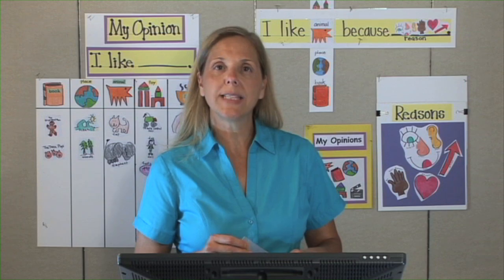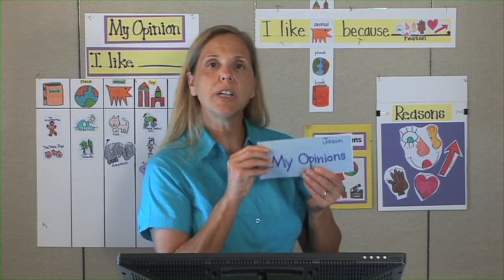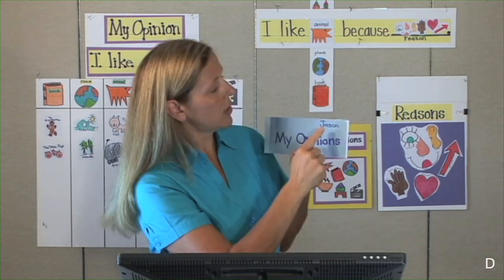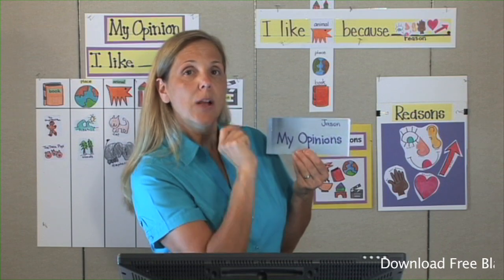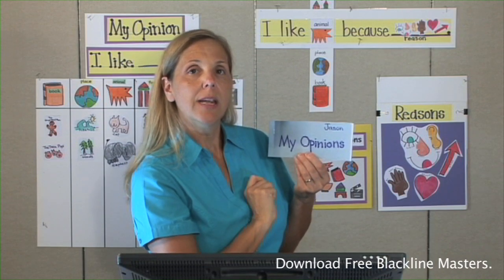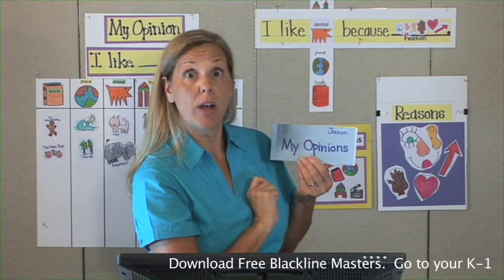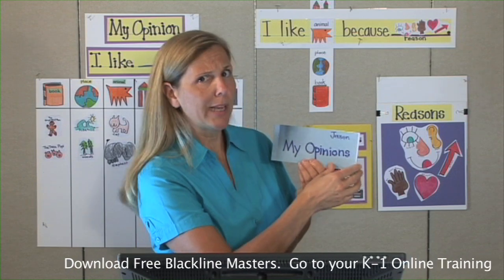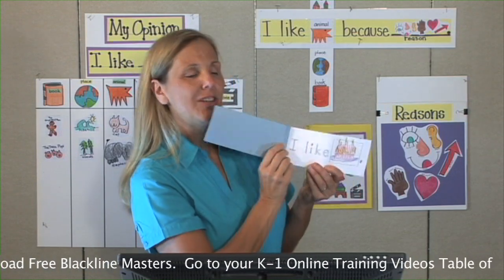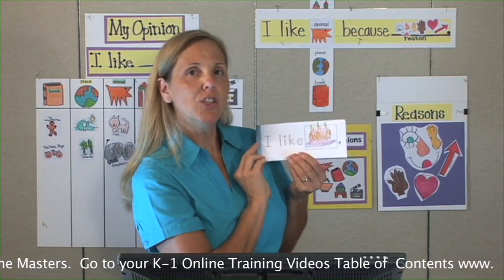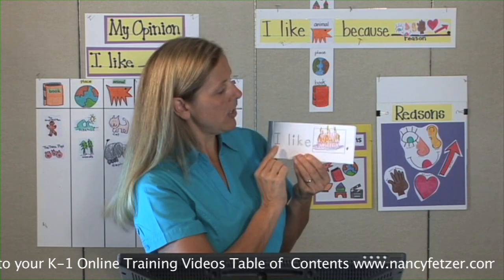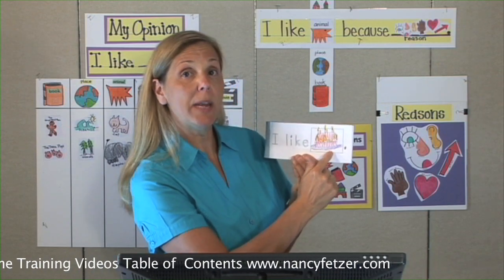Later, for one of my center activities, the students will have their own opinion books. This is Jason's opinion book. When he was brainstorming on the carpet, he said his food that he liked was birthday cake. I don't blame him. So Jason would open up to his page, his I like page. He would draw his picture.